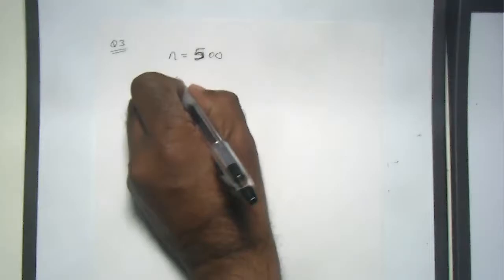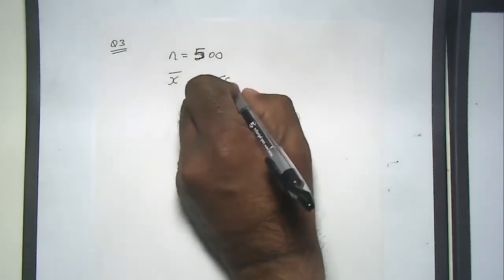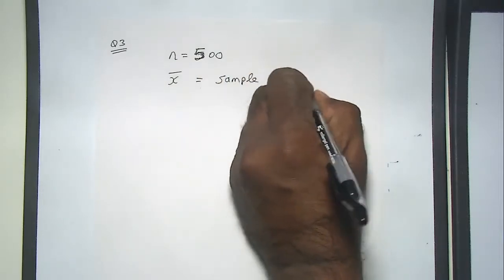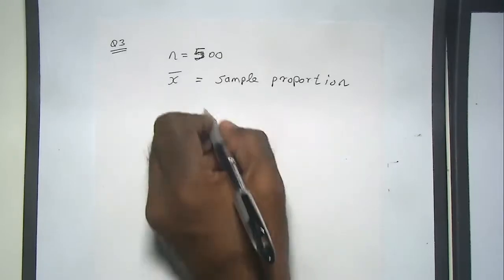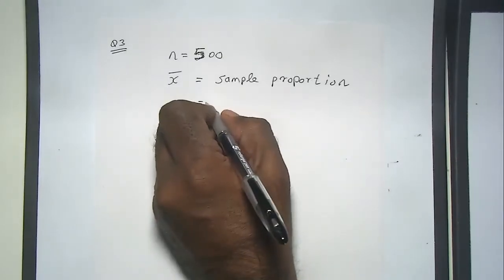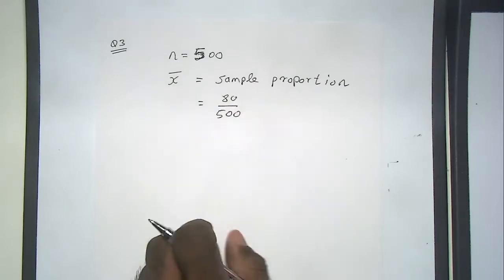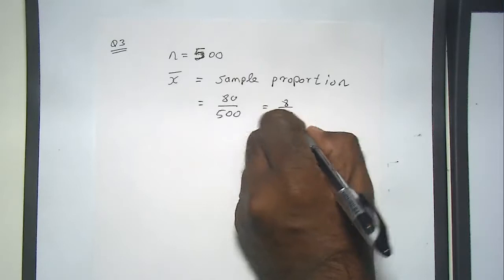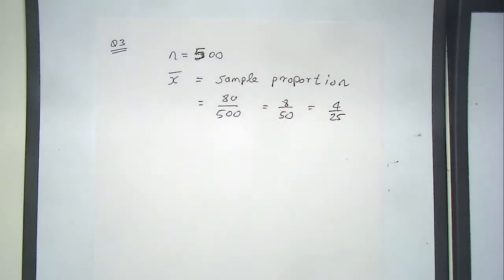The sample proportion, denoted here, is 80 divided by 500, which is 8 divided by 50 or 4 divided by 25. You follow me?